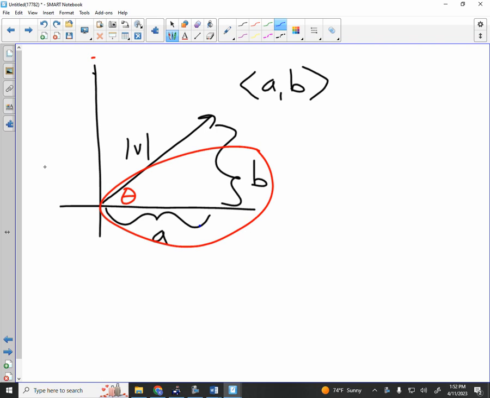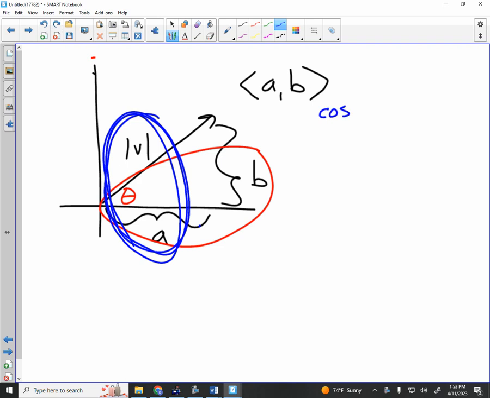So if I look at the magnitude of v, theta, and A, which trig function comes to mind that uses those? Cosine. Namely that the cosine of theta is equal to A divided by the magnitude of v. And so if you solve for A, you get the magnitude of v times cosine theta is equal to A.